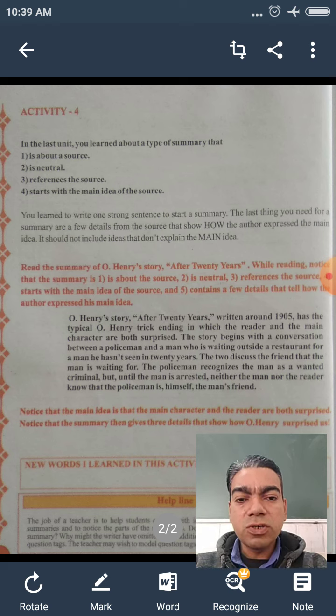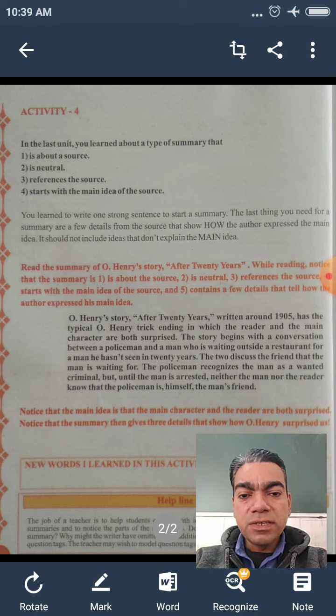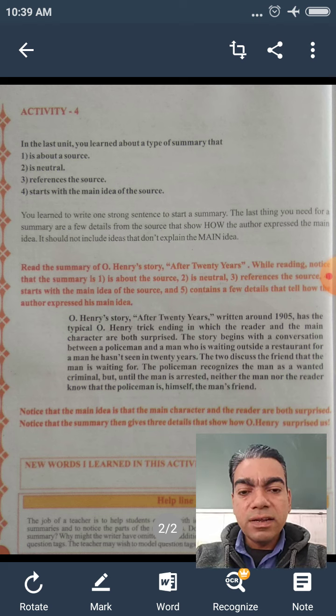Once the policeman sent another policeman to catch him, neither the man who was waiting nor the reader could have understood what would happen. At the end we came to know, and it was a surprise that this man was caught.